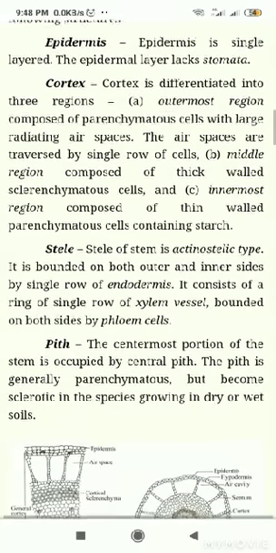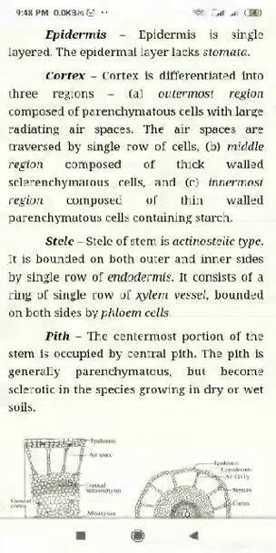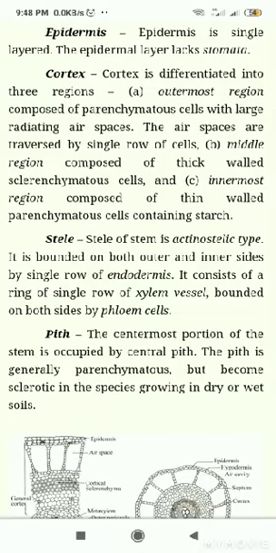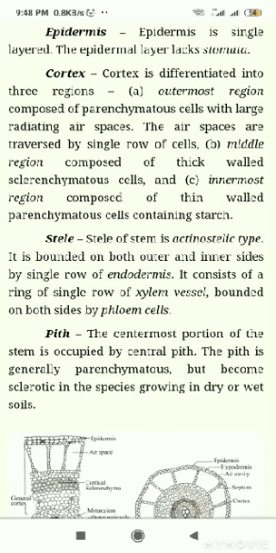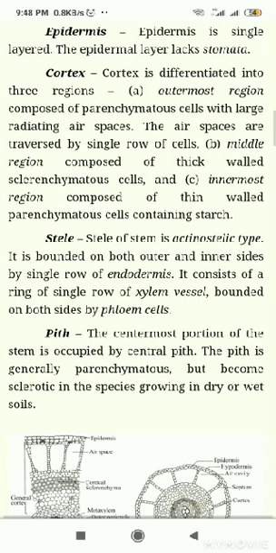The cortex is differentiated into three regions. First, the outermost region, composed of parenchymatous cells with large radiating air spaces. The air spaces are traversed by a single row of cells.